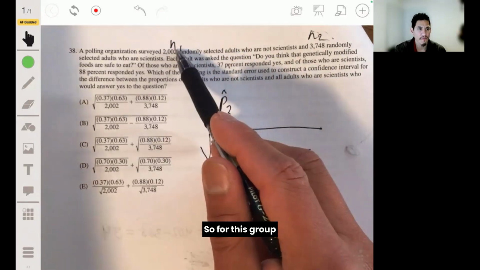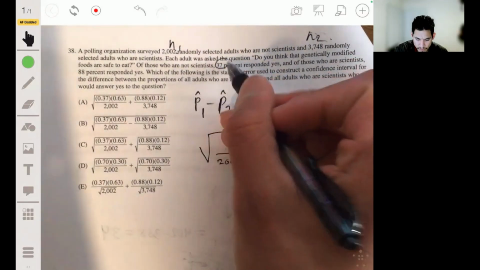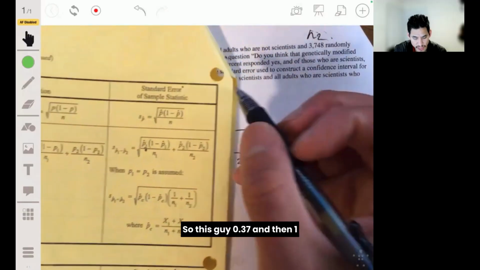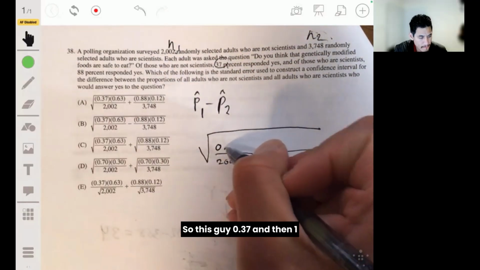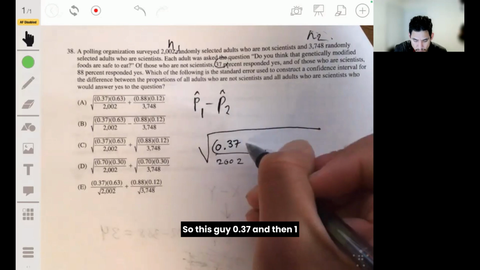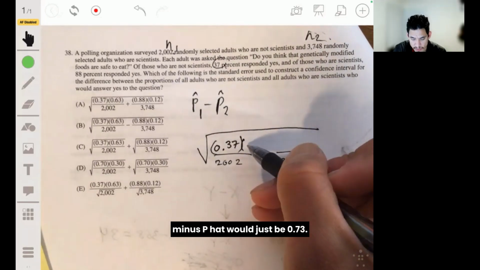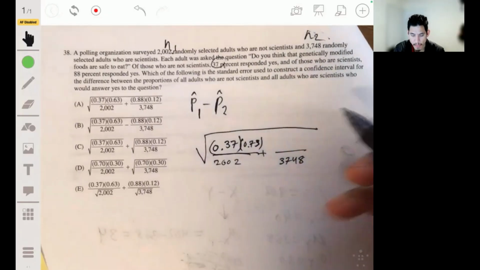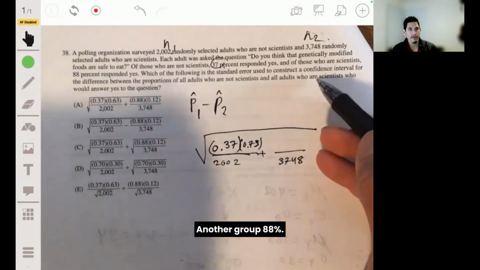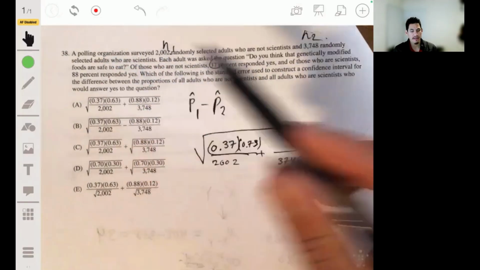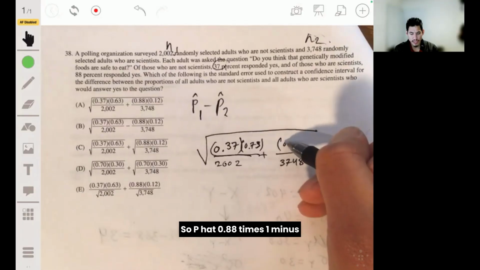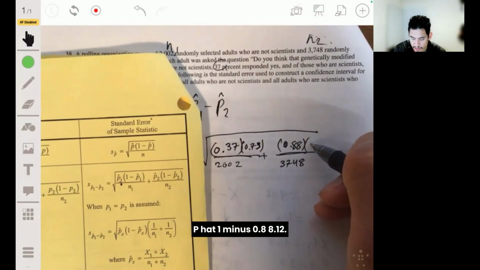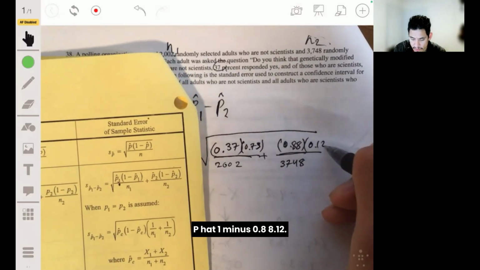So for this group, you would have the p1 hat, so this guy, 0.37. And then 1 minus p hat will just be 0.63. Another group, 88%, their p hat is 0.88, times 1 minus p hat, 1 minus 0.88, so 0.12.